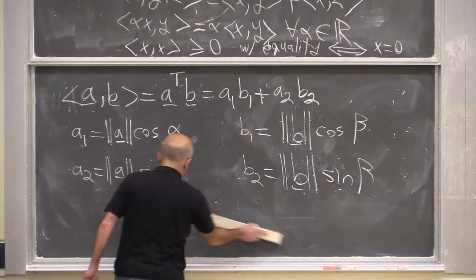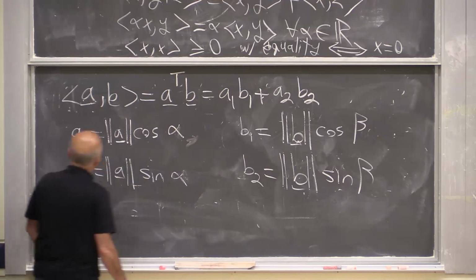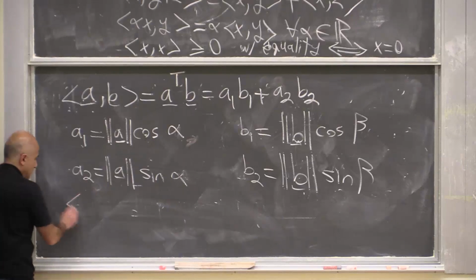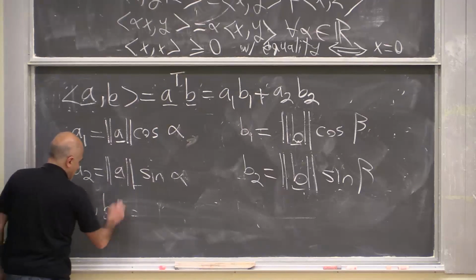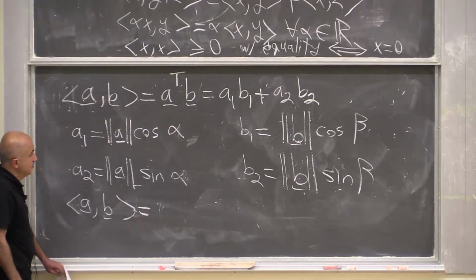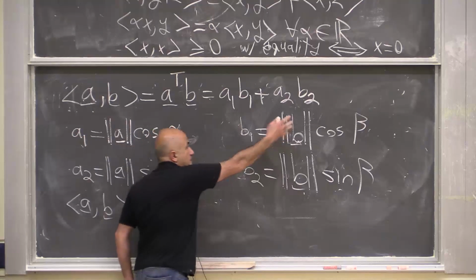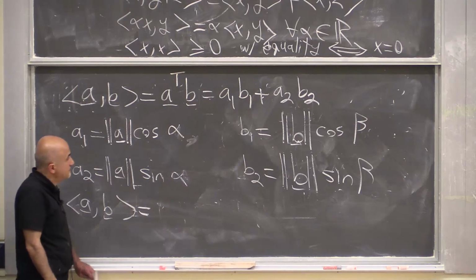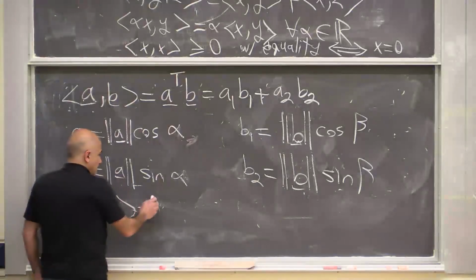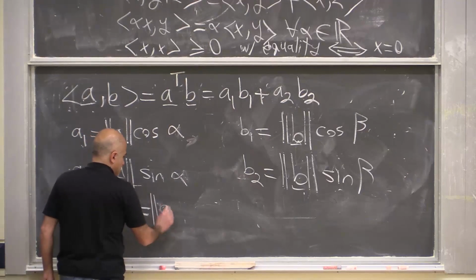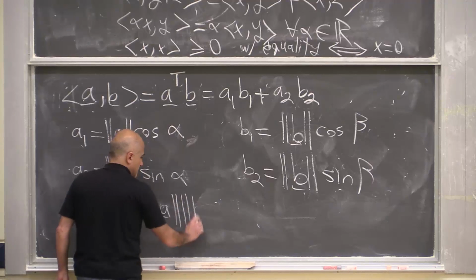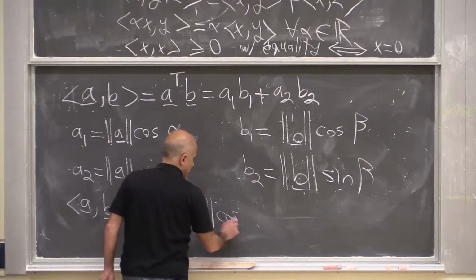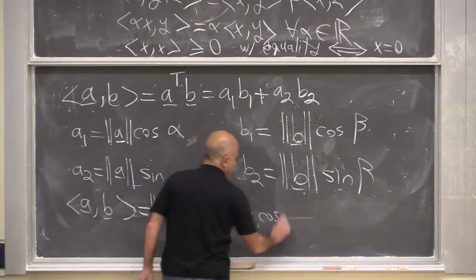Okay. Now, can we plug these into the definition of the inner product of these two? In other words, can I write the inner product in terms of these four right-hand sides? Can you walk me through this, Bill? Magnitude of A times the magnitude of B times cosine alpha, cosine beta.